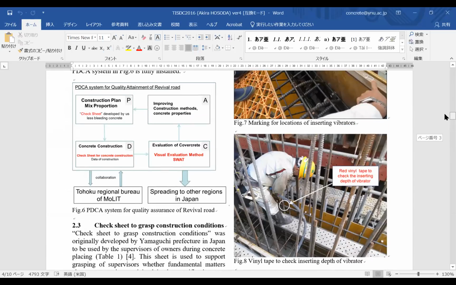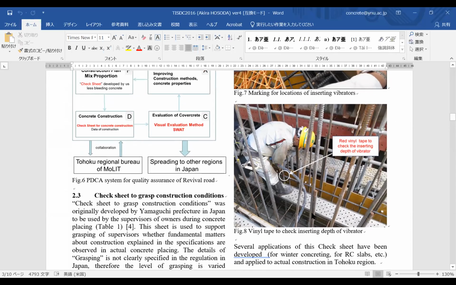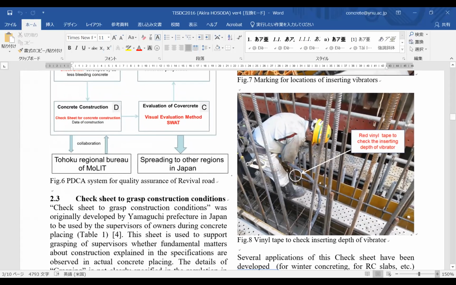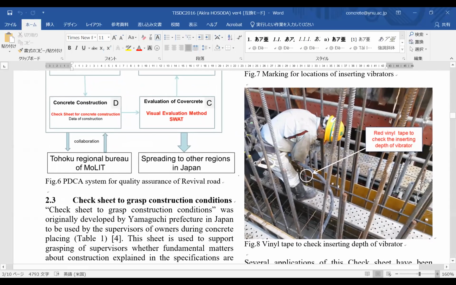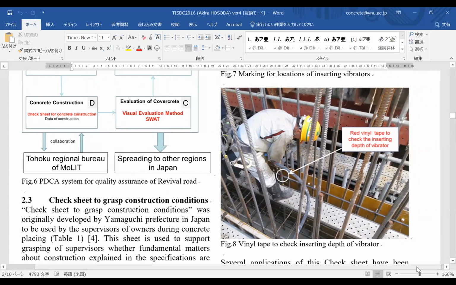Please look at this picture. Can you see this one? I should magnify. Can you see? Okay. This is a vibrator workman at one construction site.